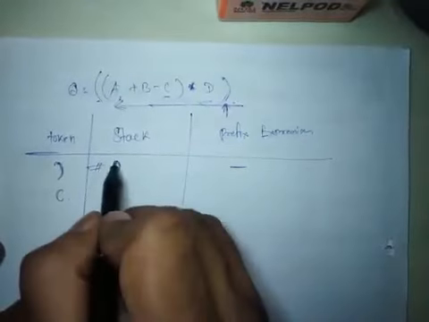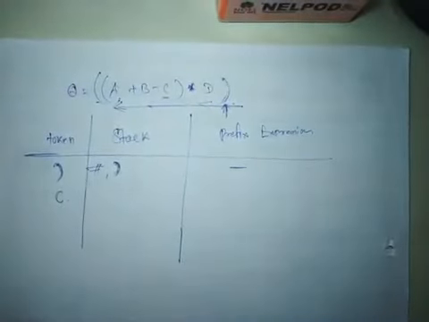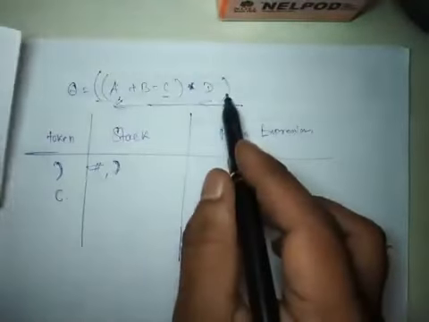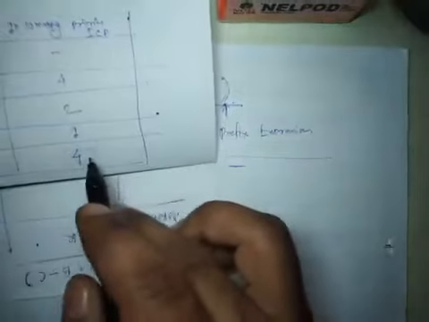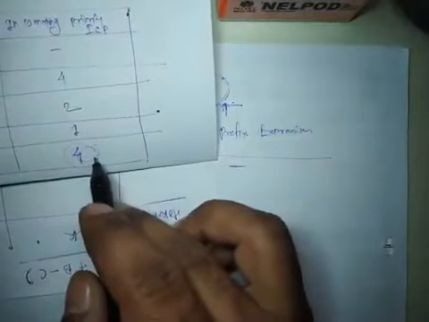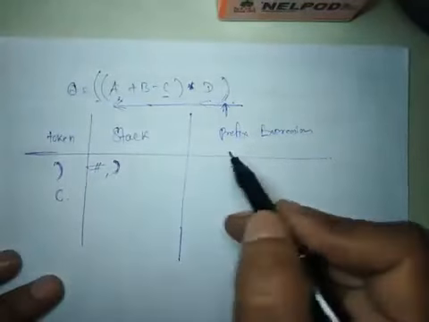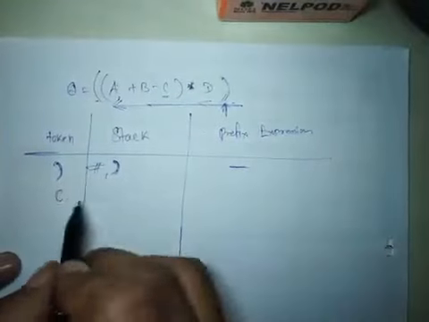The closing parenthesis has the highest precedence, as an incoming operator. So I am going to simply push it onto the top of the stack. There is no output in the prefix expression.